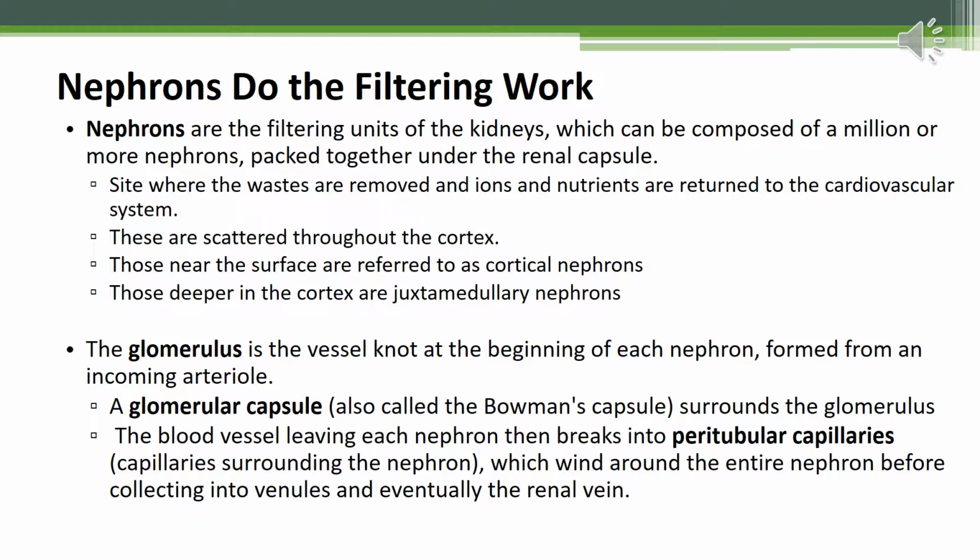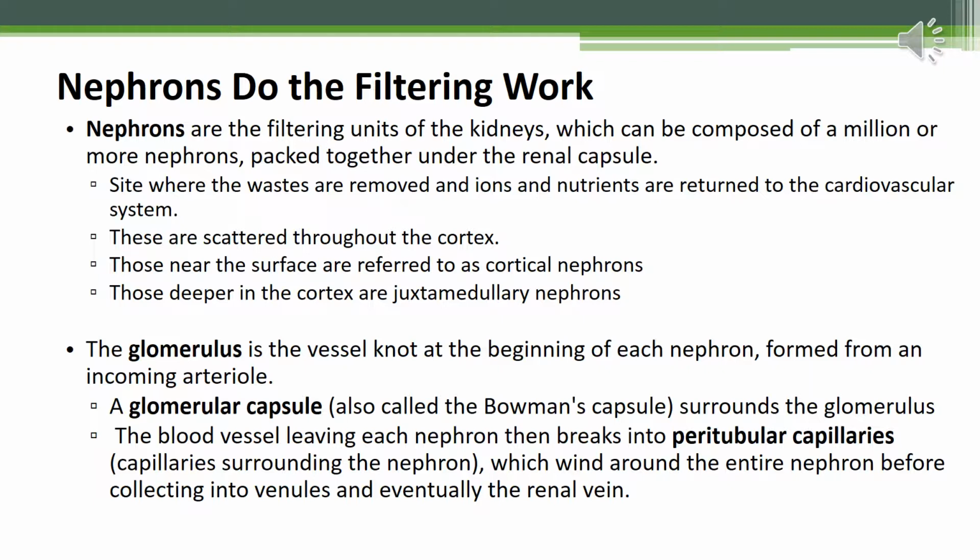And now we're going to talk about this structure called the glomerulus, and this is the vessel knot at the beginning of each nephron, and this is formed from the incoming arteriole. The glomerular capsule, also called the Bowman's capsule, but we're not going to call it the Bowman's capsule because this is an improper name. But anyway, the glomerular capsule surrounds the glomerulus.